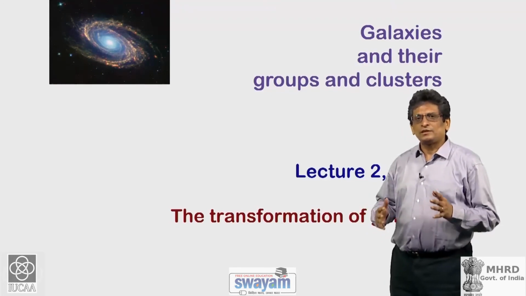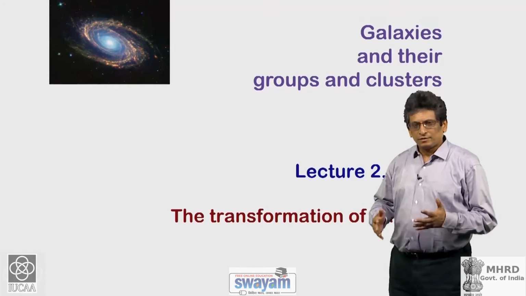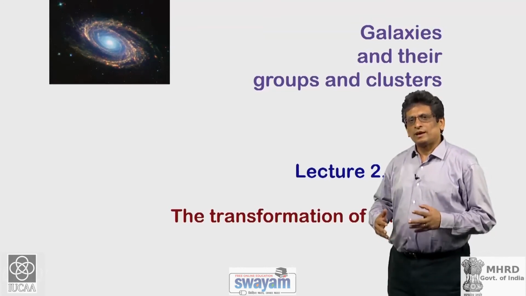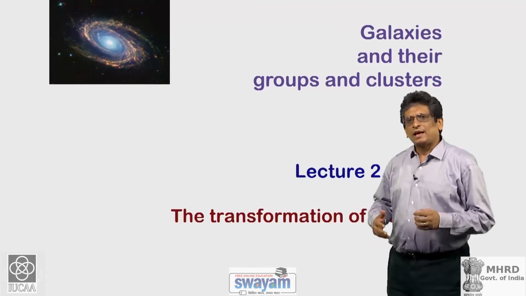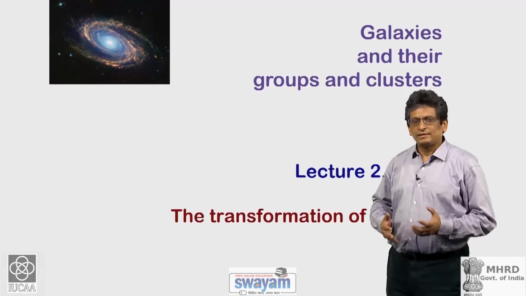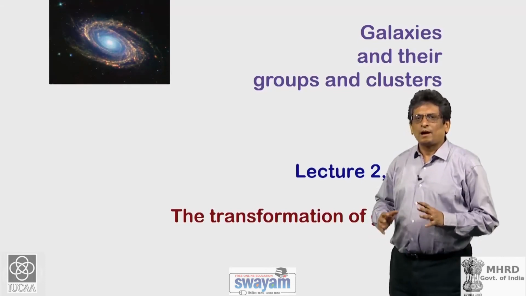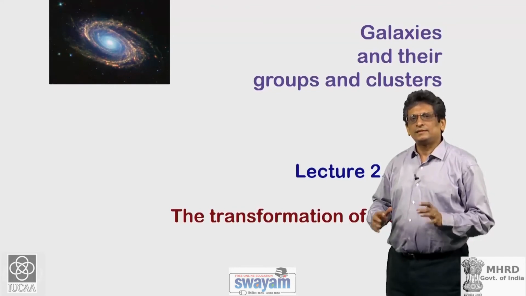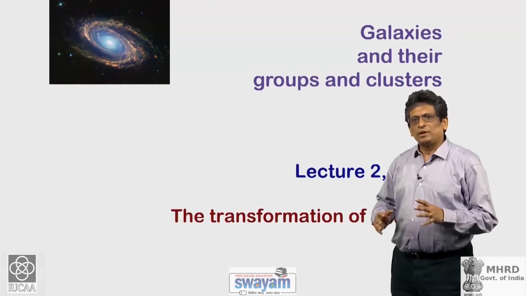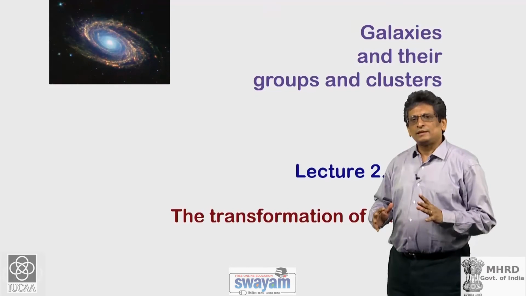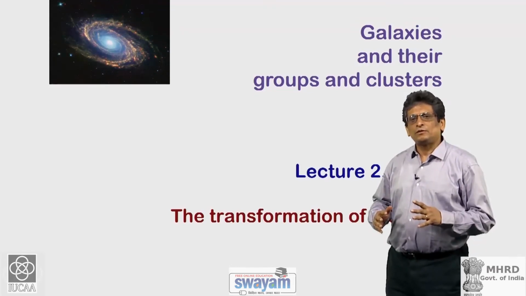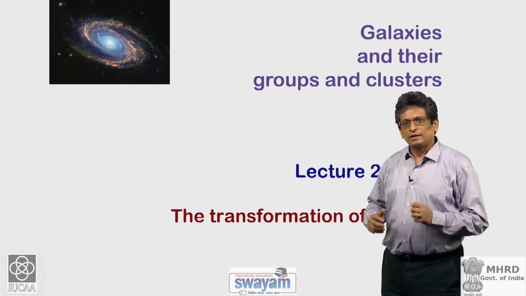And one of the things that changes quite a bit is their rate of star formation. There's quite a lot more star formation going on when the galaxies are in the form of disks, and later in life their star formation ceases. And in this particular section, we'll look at how galaxies cease to form stars, whether it is a process that is internal to the galaxy or whether it depends on the large-scale environment in which the galaxy sits.